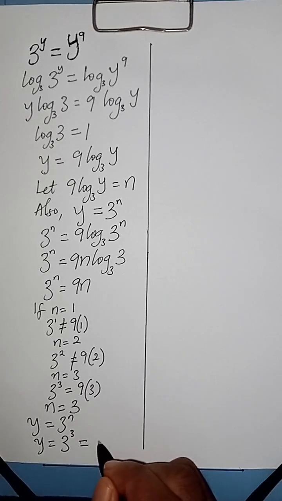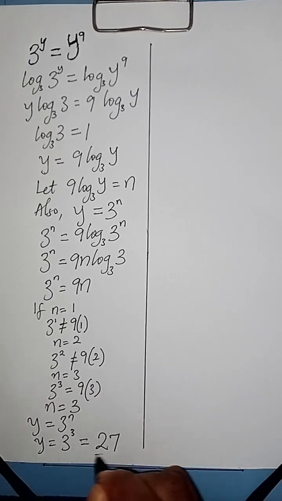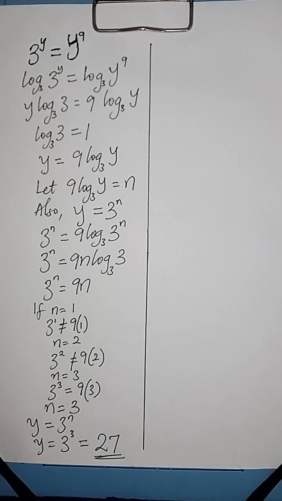And that gives us a value of 27, which is what we are looking for. So this is how to apply the second method in solving indices of this sort. I hope you catch this solution.